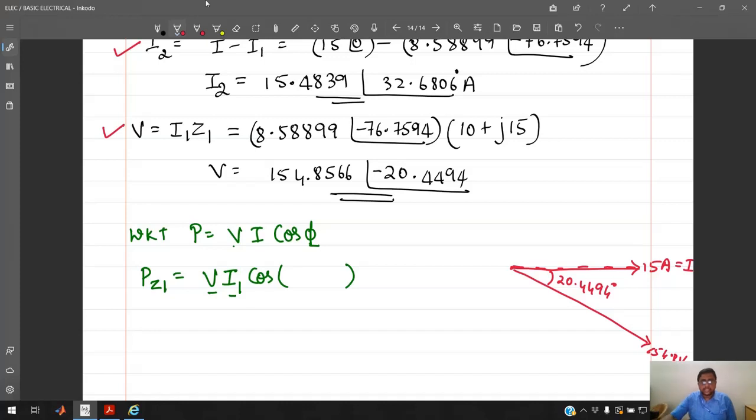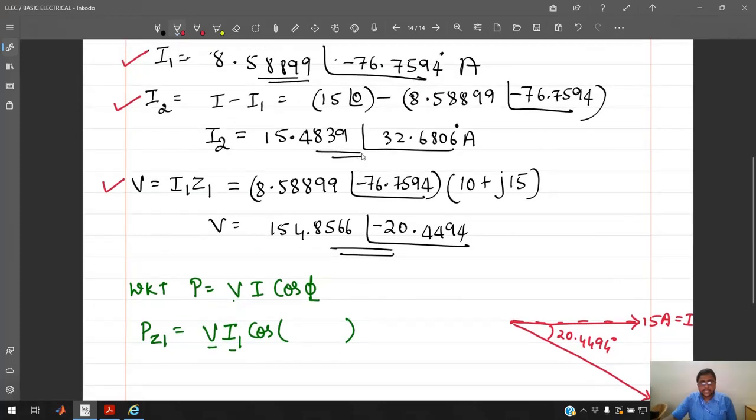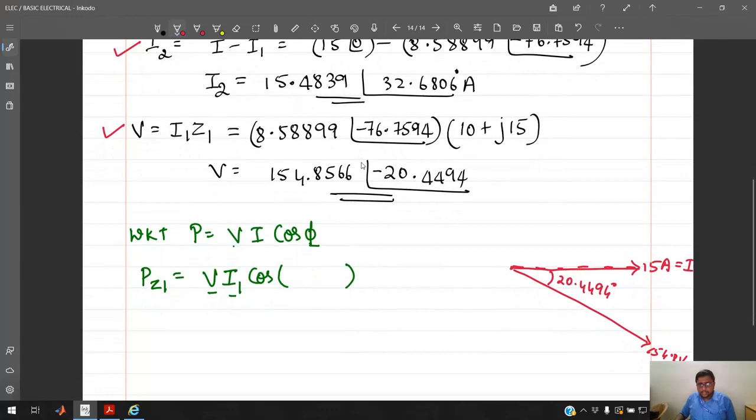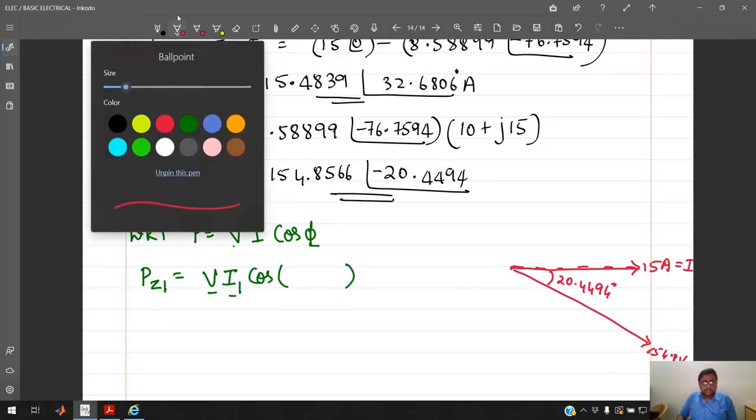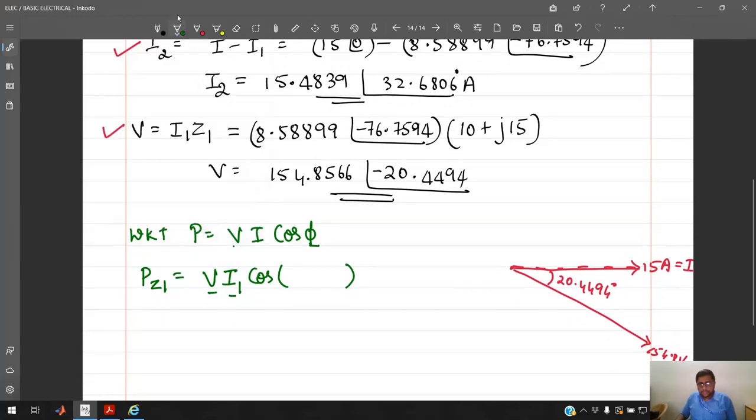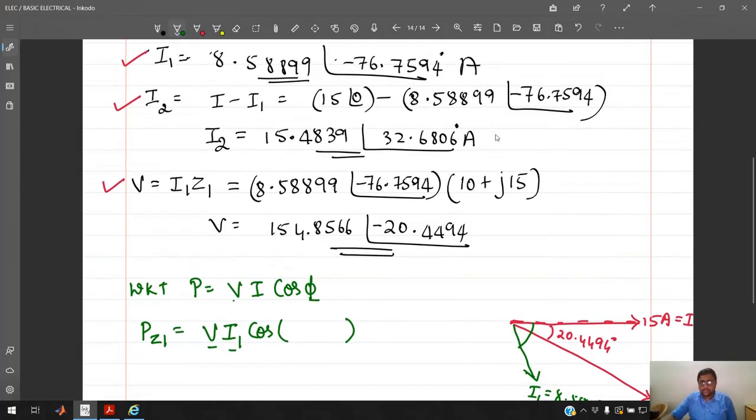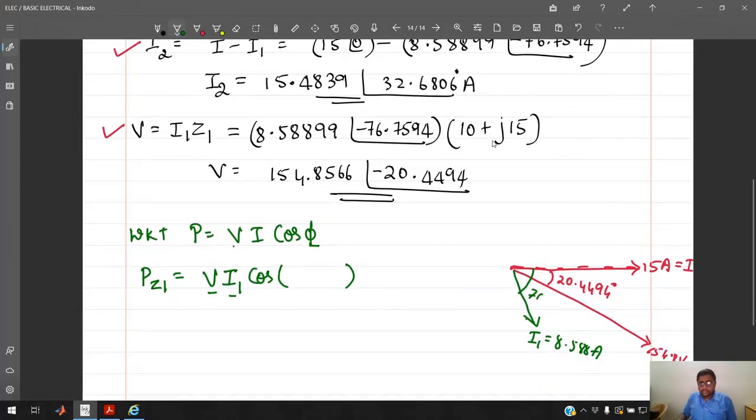Now the current I1 is 8.588 ampere at an angle of minus 76.7594 degrees, so you have this current I1.